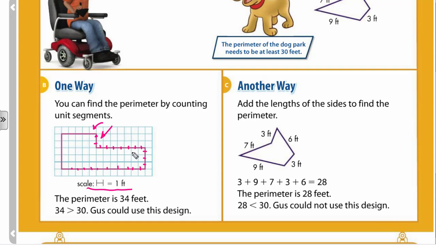So each line here is marked. Okay, what is your idea? Do another way. Can do like part C. So I can count what's the length of this side.